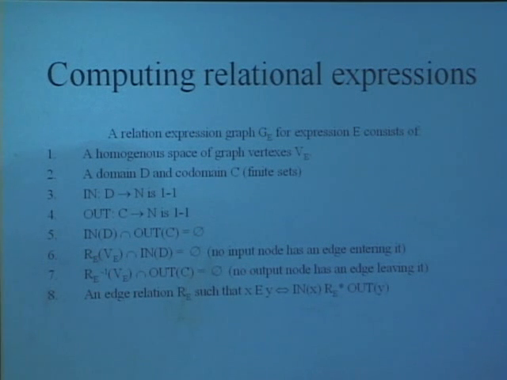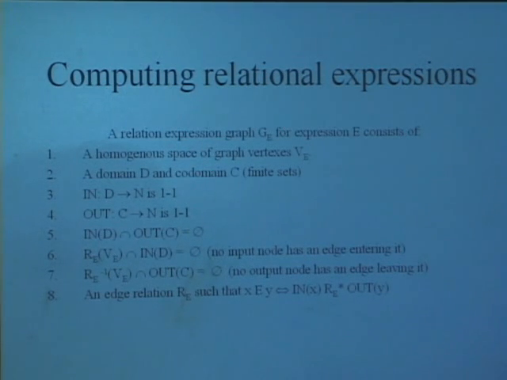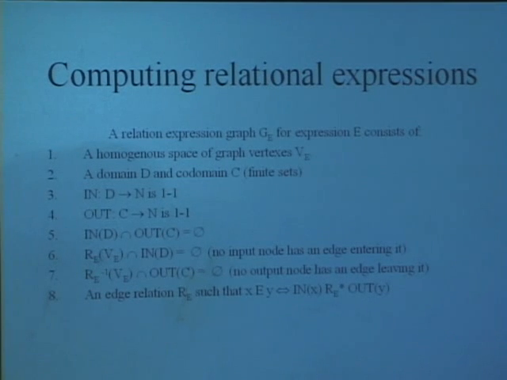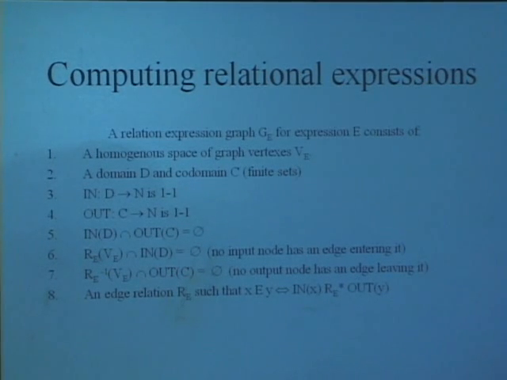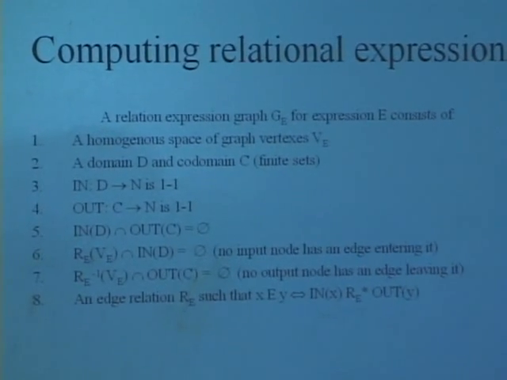We have an input correspondence, which takes the domain to V, right, which is 1 to 1. An output, which takes the codomain to the vertices. The input and the output nodes do not overlap, even if the codomain and domain are the same, right? We take them to unique nodes.